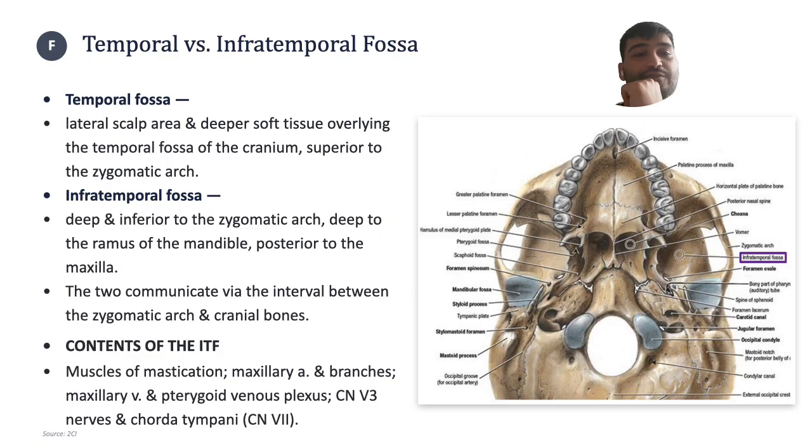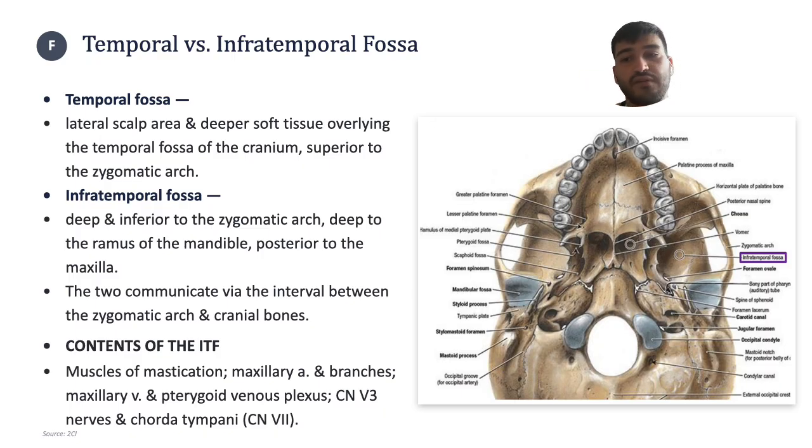So we have the temporal fossa versus the infratemporal fossa. So the temporal fossa is the lateral scalp area, and then the infratemporal fossa is deep and inferior to the zygomatic arch. So that's more of a deeper area. This is going to be the one that we're going to be talking about mainly. So the contents of the infratemporal fossa are the muscles of mastication.